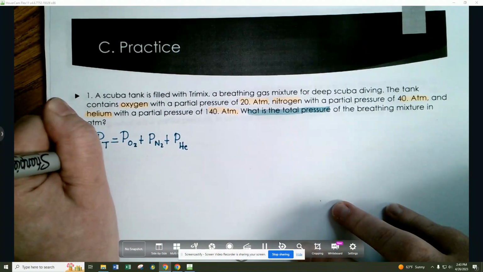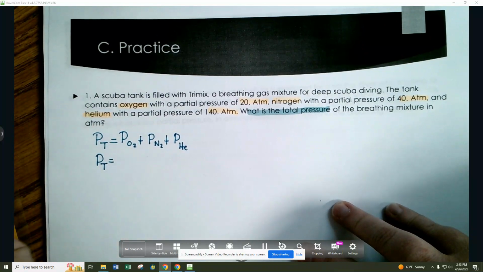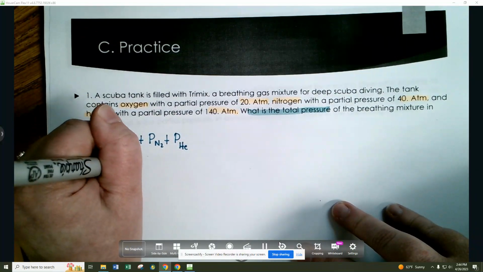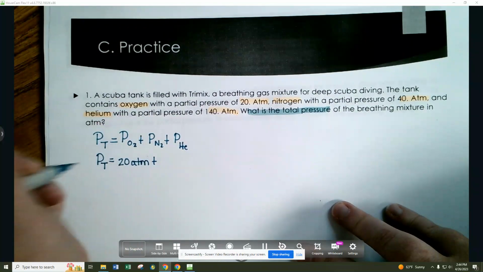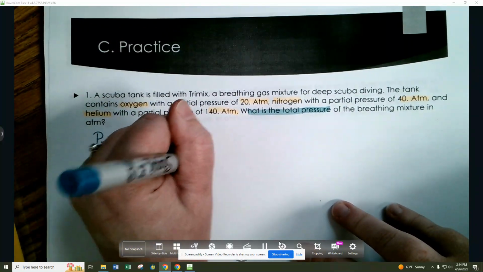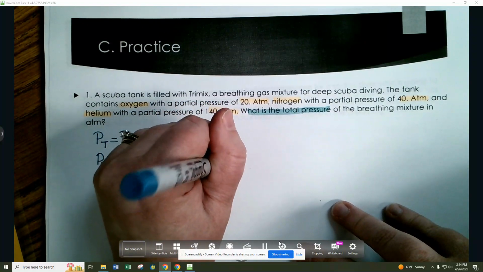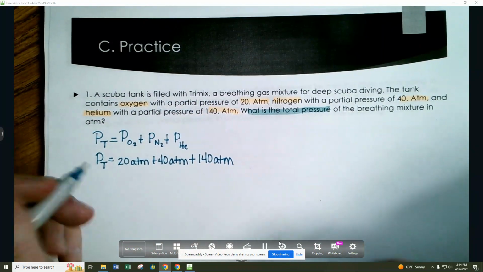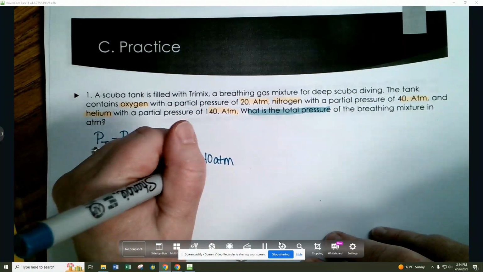Then it just becomes a game of subbing in to find total pressure. So we take 20 atmospheres plus 40 atmospheres plus 140. It's not too often that we do much with sig figs with addition.